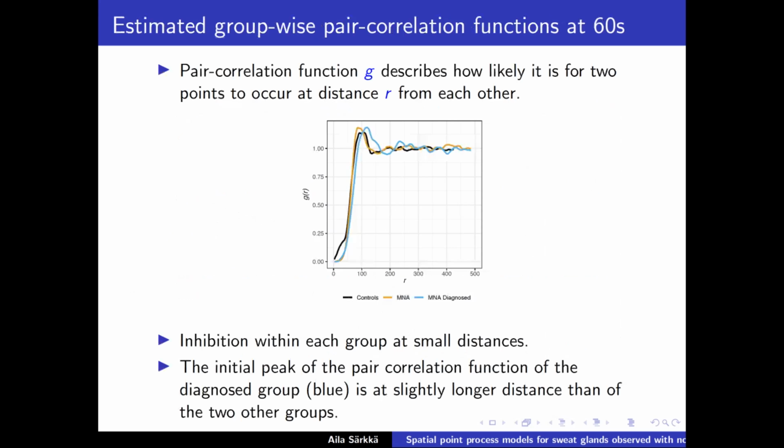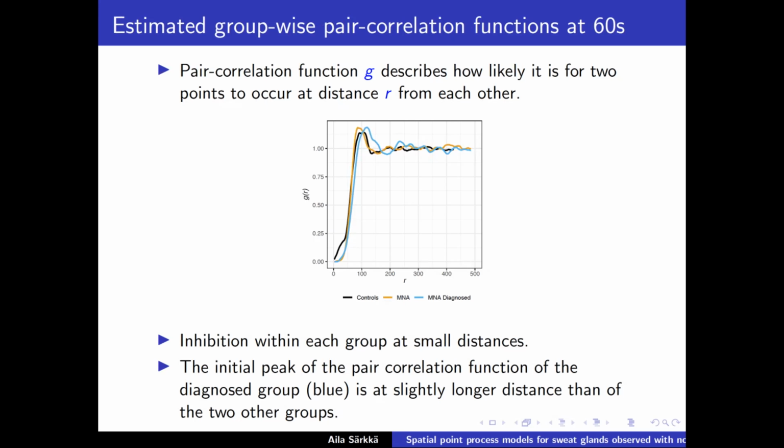And we started by doing what Philip was doing. So we estimated the pair correlation function for each group. And as Philip said, somehow it measures how likely it is to have 2 spots at some distance. And here, if you have values less than 1, it's indicating inhibition or regularity, and values bigger than 1 indicate clustering.